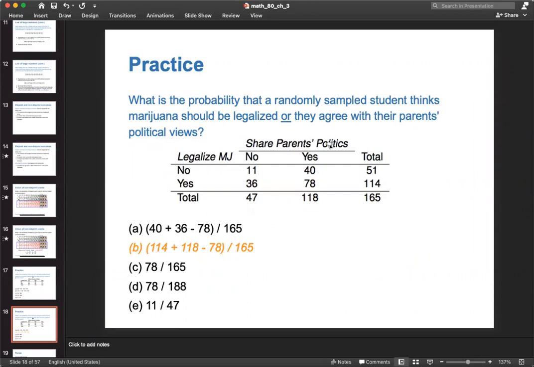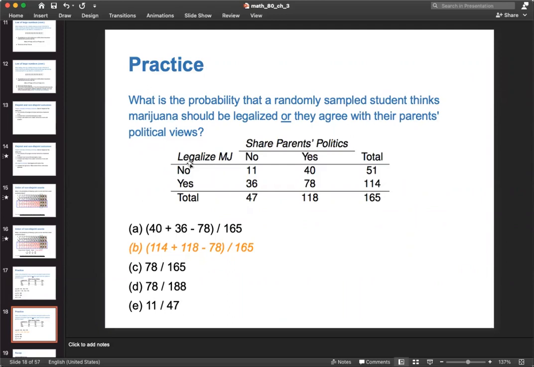And so the probability that the student thinks marijuana should be legalized or they agree with their parents' political views is going to be equal to the number of students that agree with legalizing marijuana, plus the number of students that share their parents' political views, minus the number of students that both believe that marijuana should be legalized and they share their parents' political views.